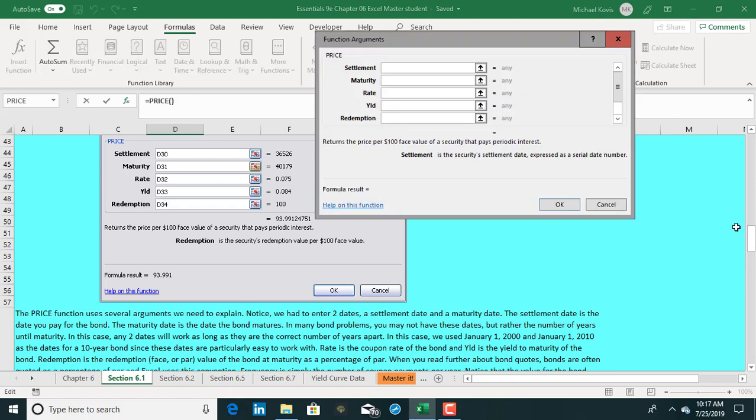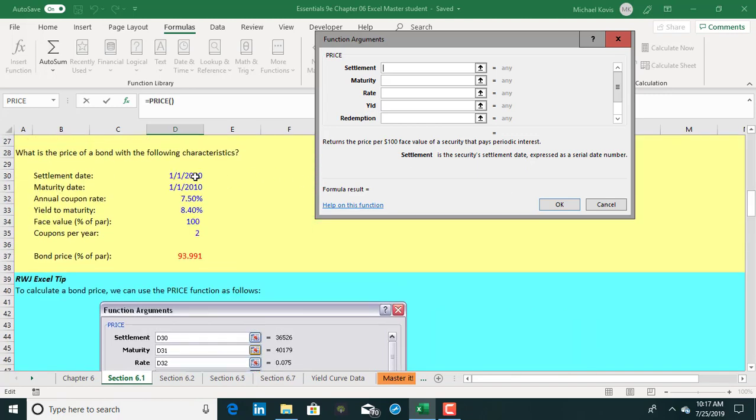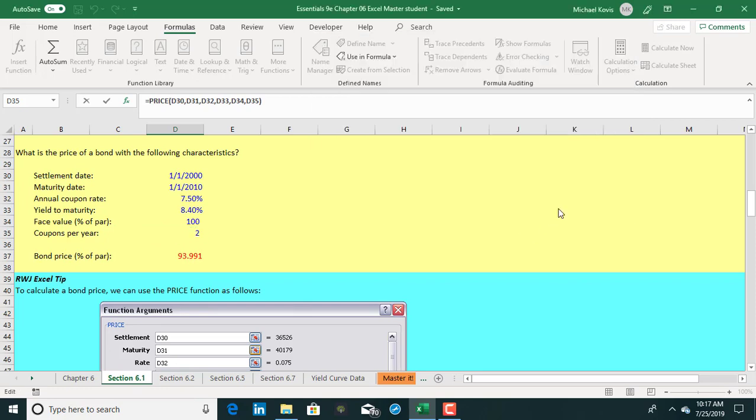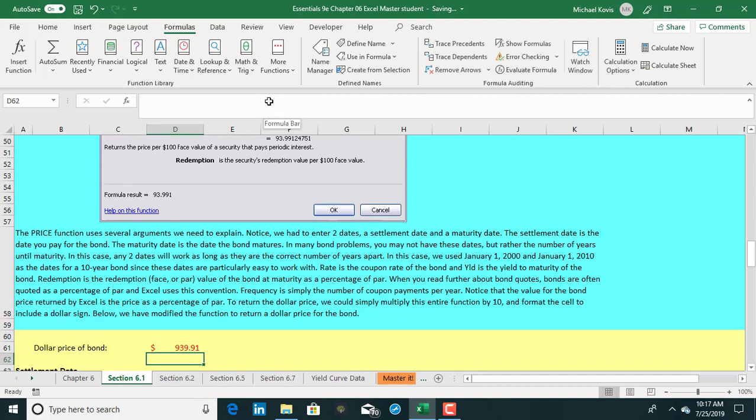And again, we'll enter in our same functions. Settlement, maturity, the rate, the yield, the redemption, so 100%, and our frequency. And we'll click OK. And then we multiply it, since it's expressed as a percentage. If we multiply it by 10, we get a price. So we're willing to buy that bond at $939.91.